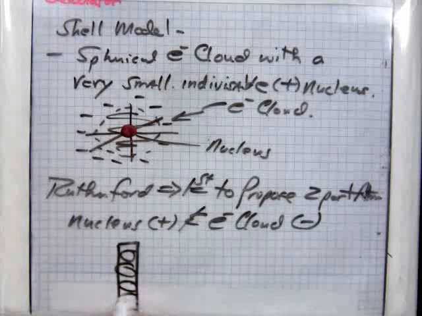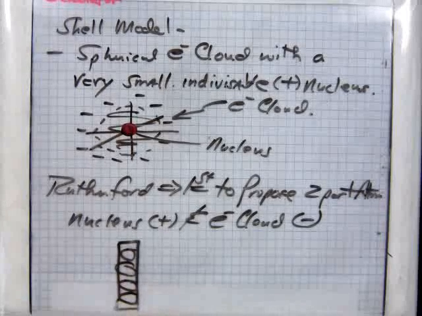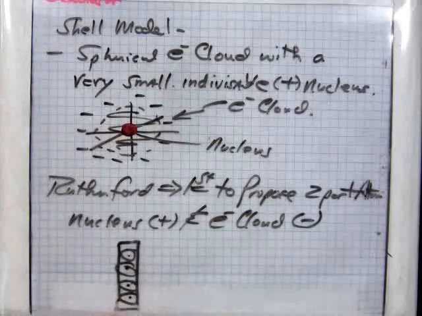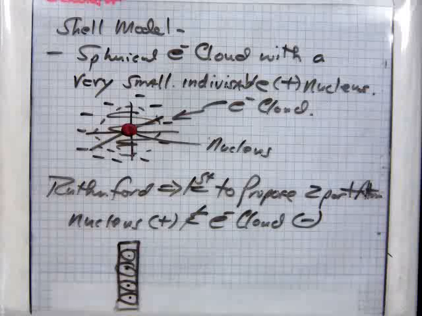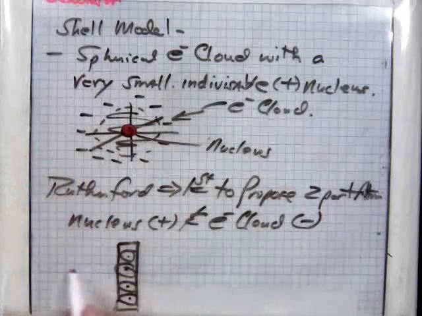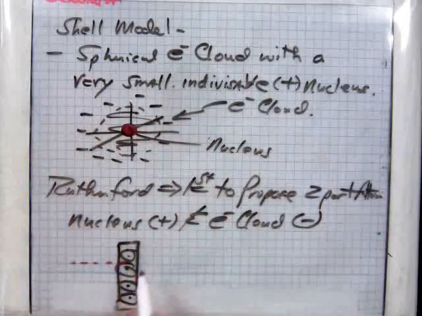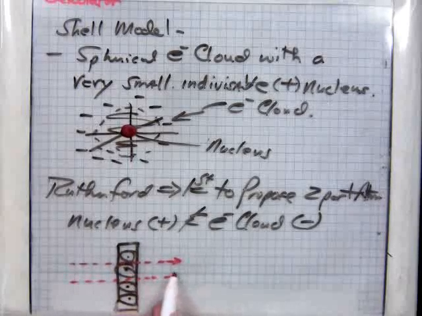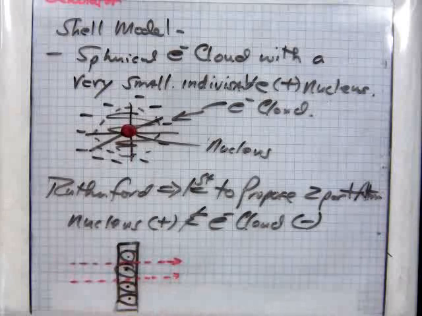Say this is a collection of atoms of gold, nuclei in the middle here. The atom is mostly space, is another postulate. We've got a spherical cloud, but most of the alpha particles passed through unperturbed. They just went right through. It's like a cannonball going through tissue paper.